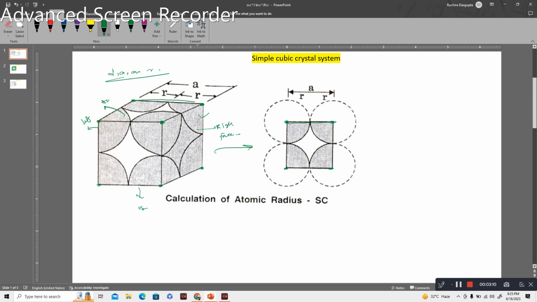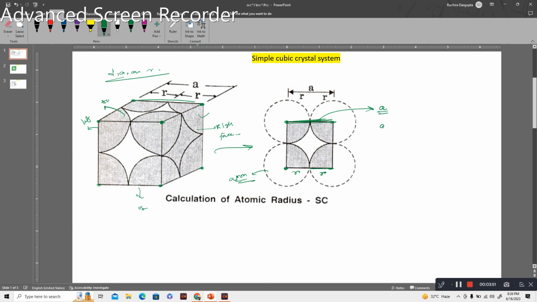If we consider these atoms here, the radius of these atoms is R, and here is also the radius of this circle or atom, which is also R. This is the edge length, or the length of a unit cell, and it is denoted as A.